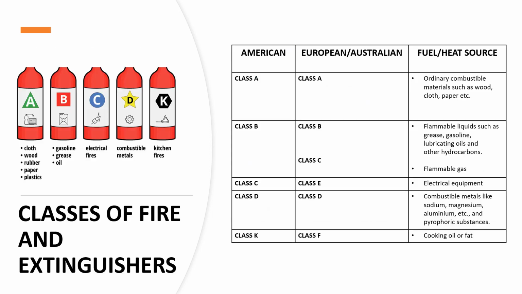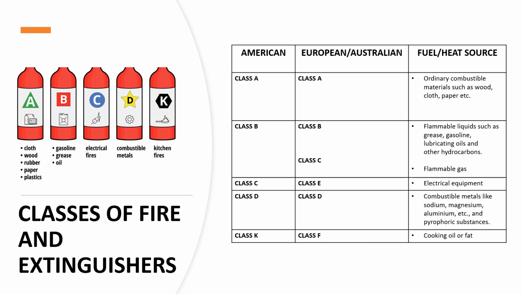Now let's understand the classification of fire extinguishers. There are certain classes, class A, B, C, D, and K, according to American standards, European standards, and Australian standards. It is to understand what the fuel and heat sources are.